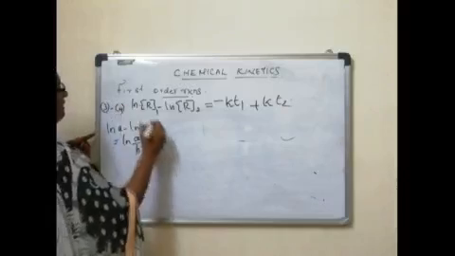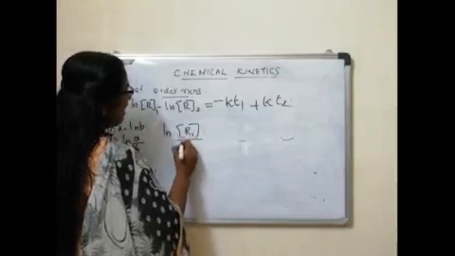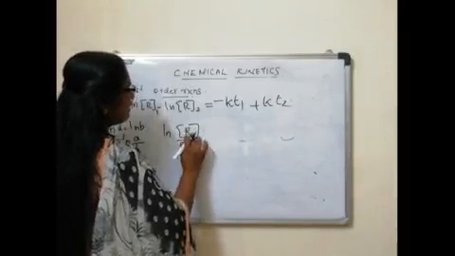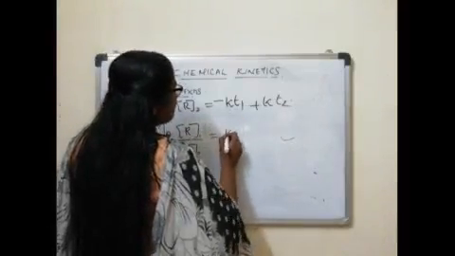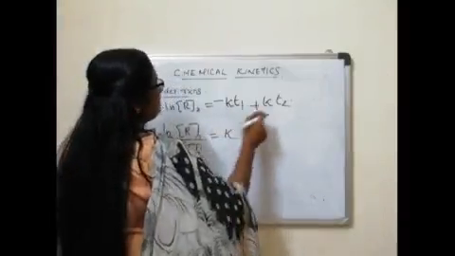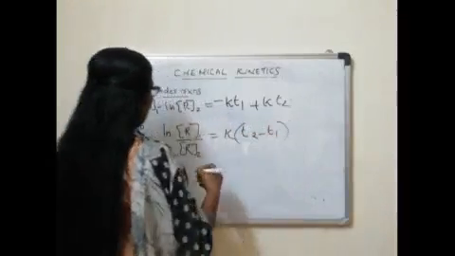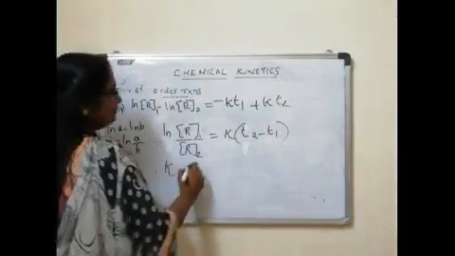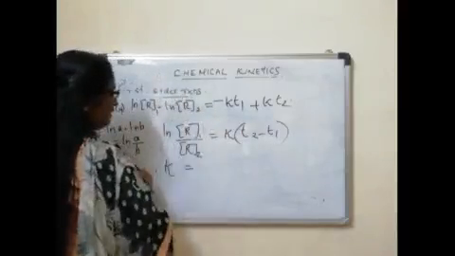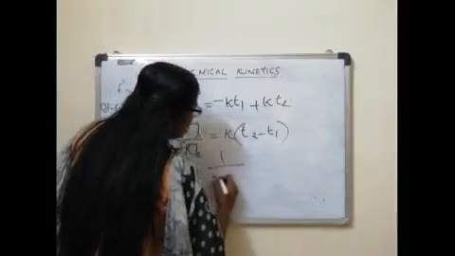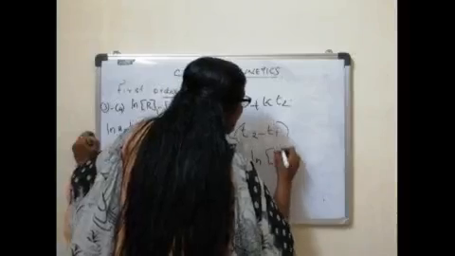So similarly we can write this as ln R1 by R2 is equal to k, taking k outside, k into t2 minus t1, or k is equal to 1 by t2 minus t1 into ln R1 by R2.